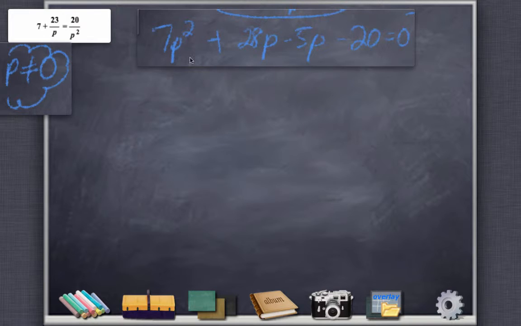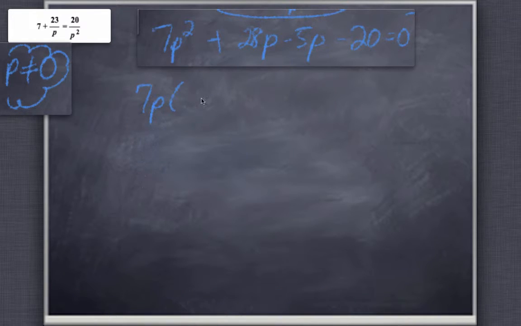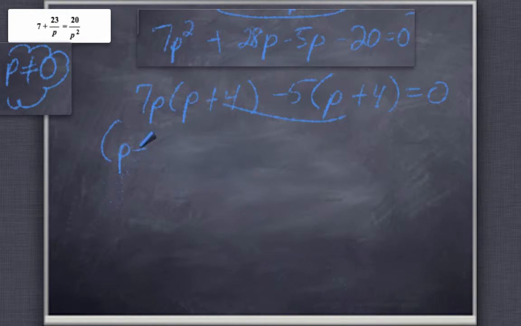Okay, so out of these two, I can factor a 7p. And I remember there's a negative. I always take out the negative, and I can take a 5 out of those. Because I took out the negative, this is a plus 4. And because these match, I can now factor them out.